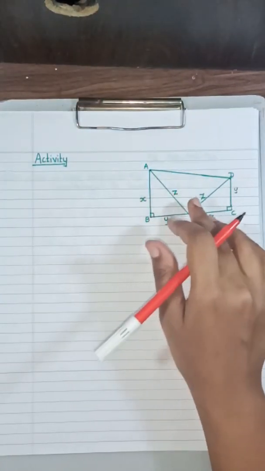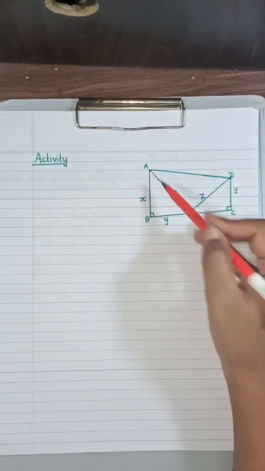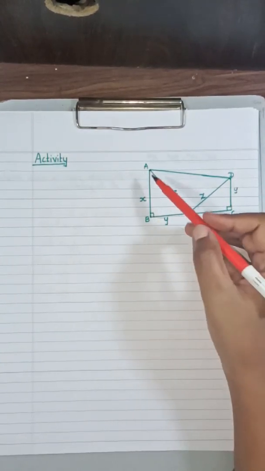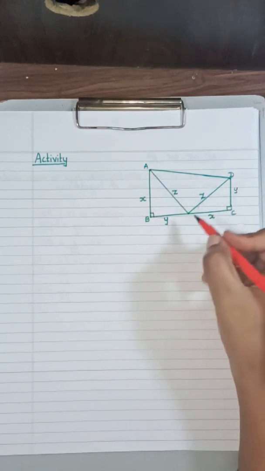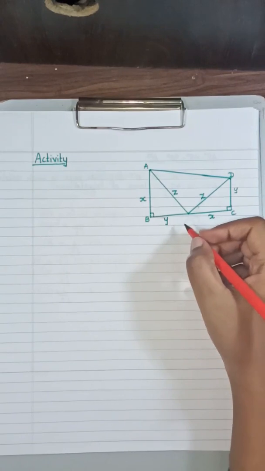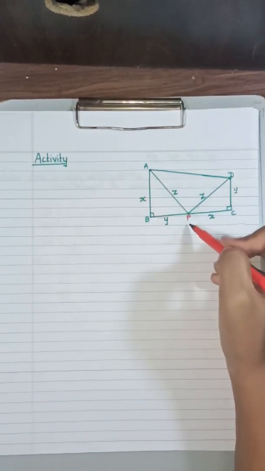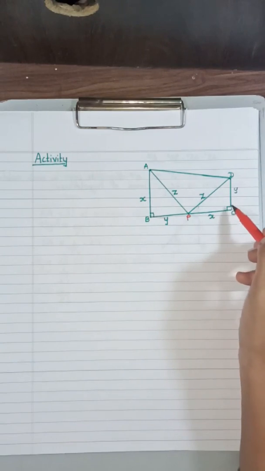In this activity, two congruent right angle triangles are given. They are named ABP and CDP.